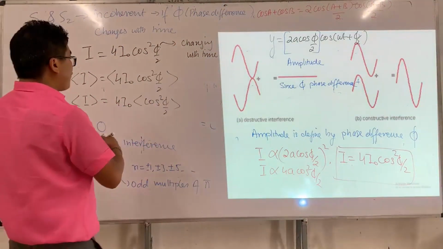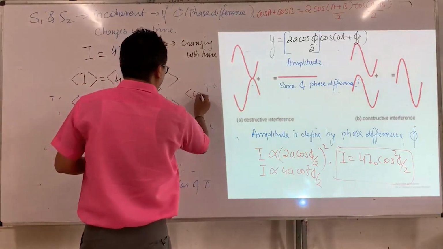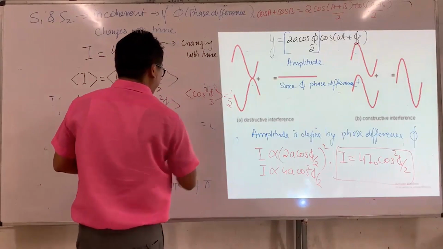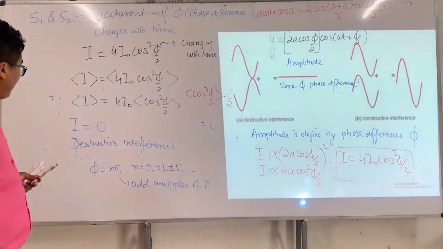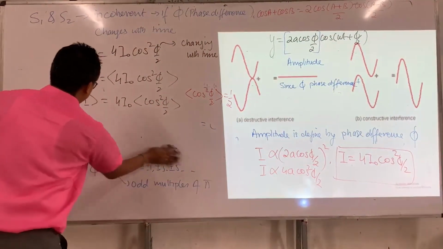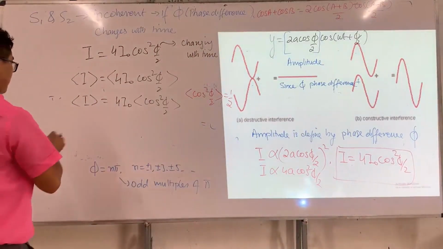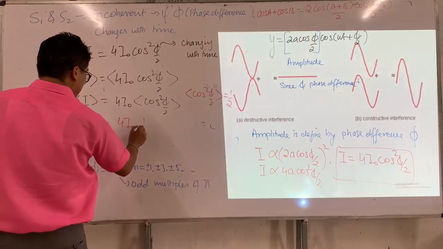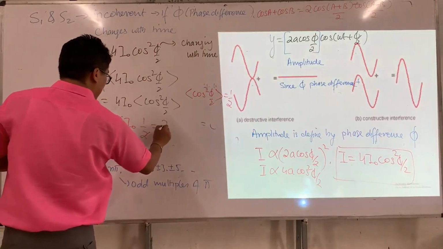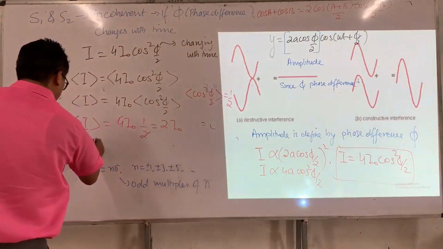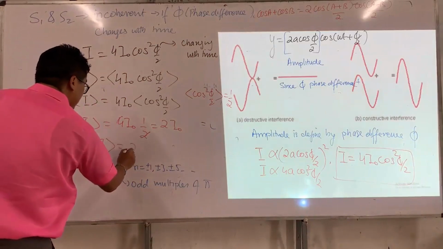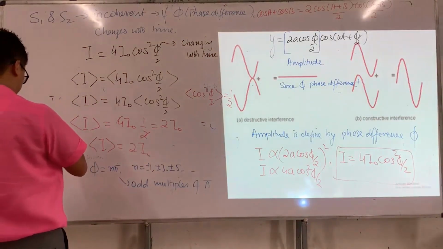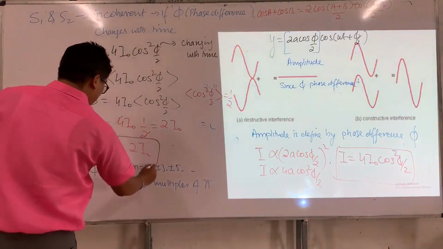And what is the average of cos square? This value is equal to half. Alright, so you are going to get the average intensity. This is very, very important.